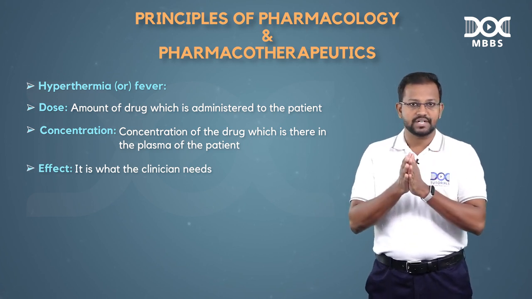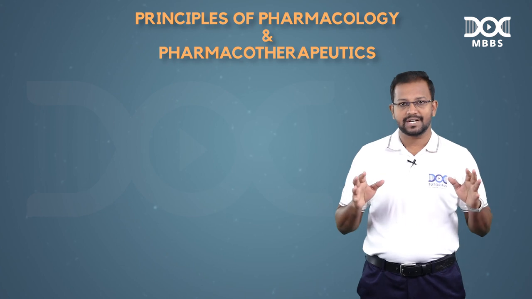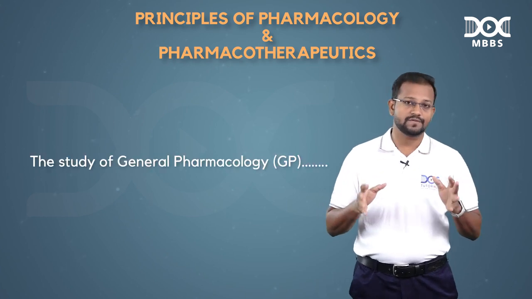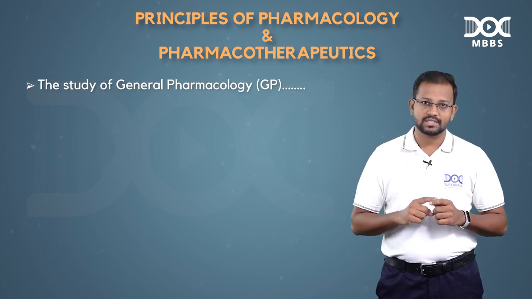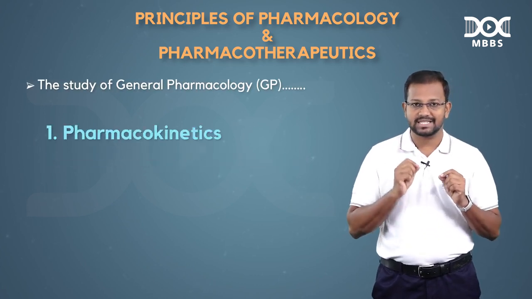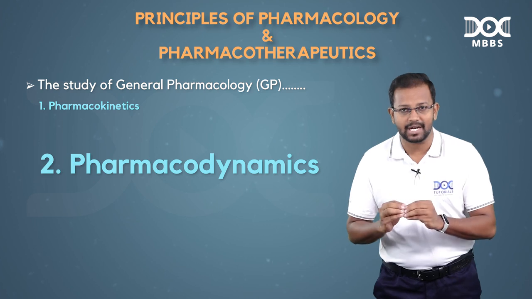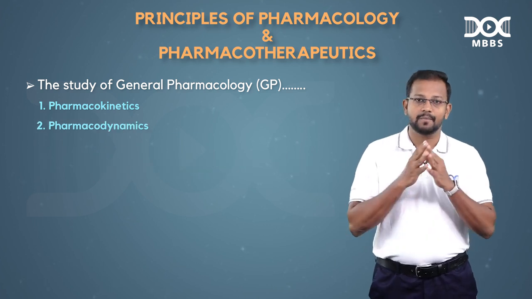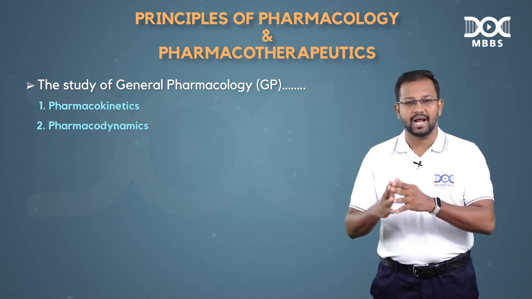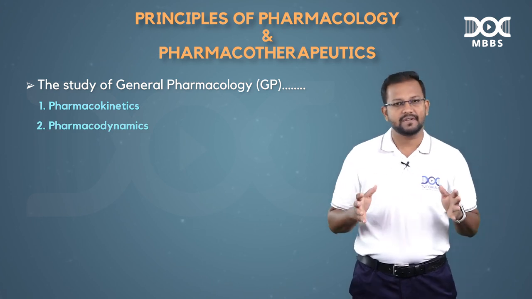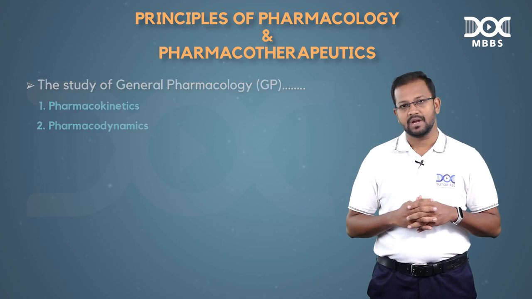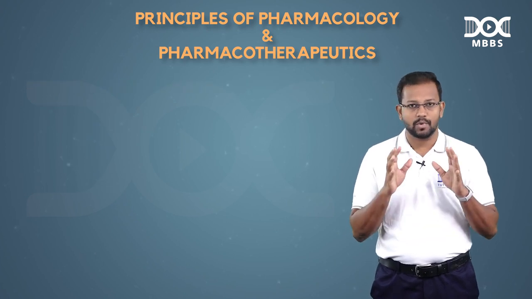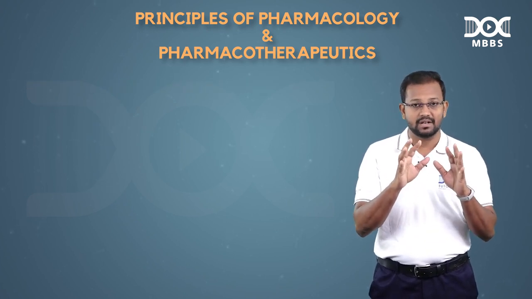Dose, concentration and effect. As far as general pharmacology is concerned, the study can be classified into two major areas. The first is called pharmacokinetics and the second is called pharmacodynamics. Repeating that, pharmacokinetics, pharmacodynamics. We have many different explanations of these terms, but if you take only two or three of them, they can give you a clear picture.